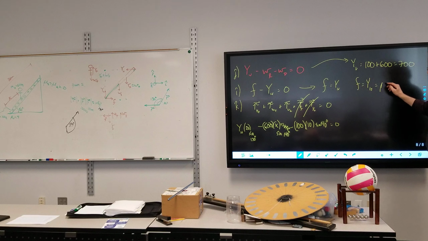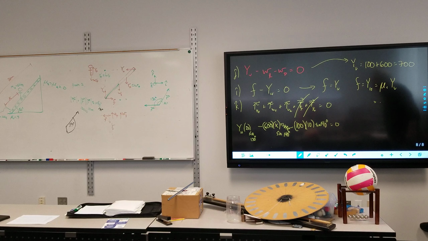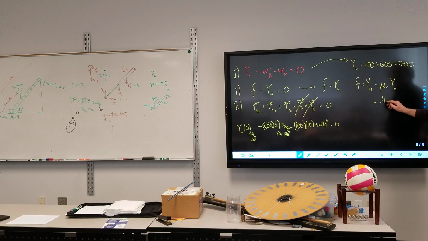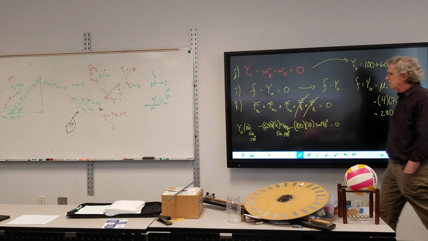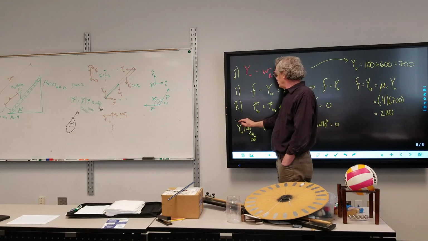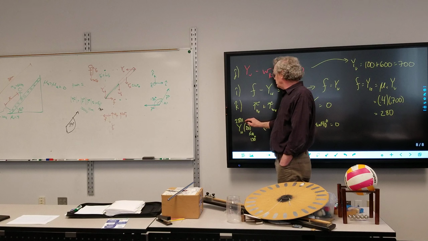Friction also equals, since I'm right at that breaking point, u sub s times y sub v, which is, I think I said 0.3, no, 0.4, times 700, which is 280. So this is 280 newtons.